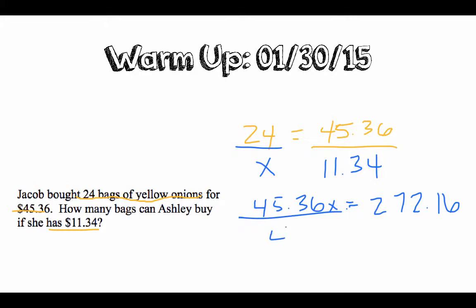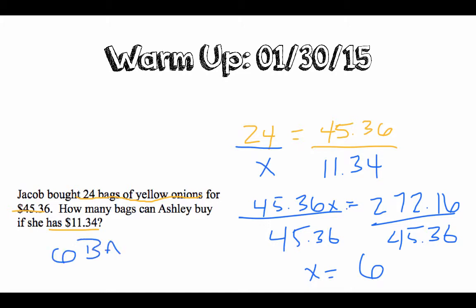All right, we'll divide both sides by 45.36. She can buy 6 bags of onions. So go back over here and answer the question correctly: 6 bags of onions.